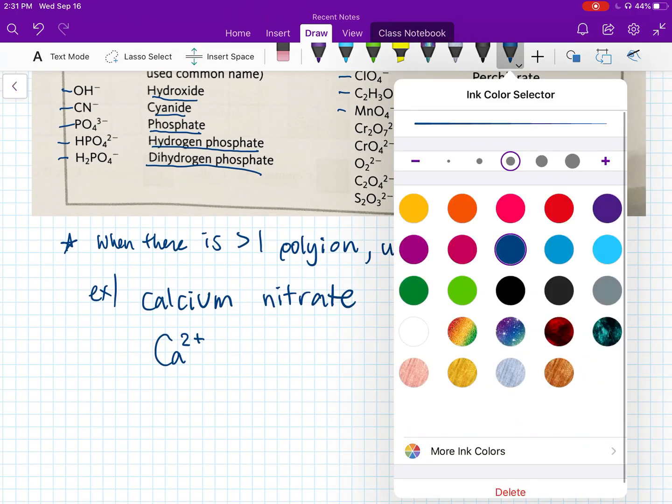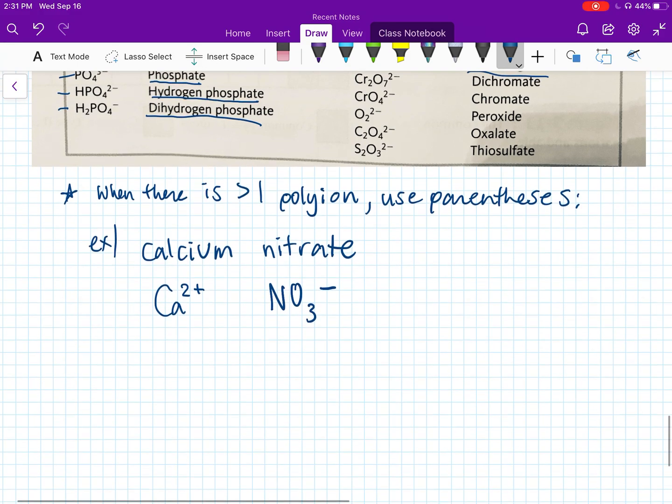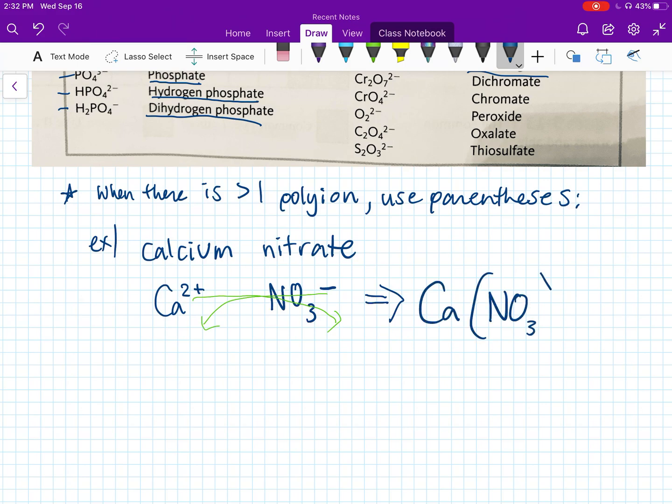So when these two species come together, you are going to need 2 nitrates for every 1 calcium that you have in order to make a neutral ionic compound. So that means that you're going to have to put parentheses around the nitrate to set it apart and indicate that there are 2 of them. Okay, so those parentheses are really important when you have polyions.